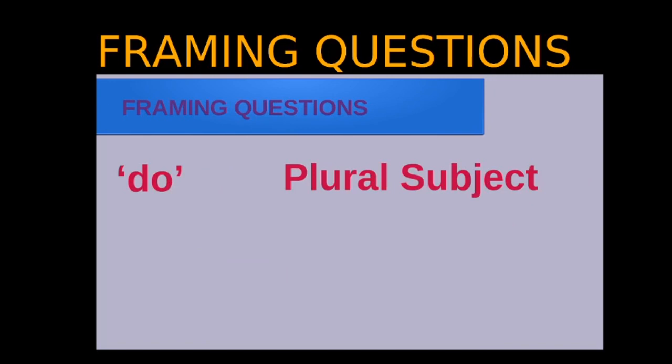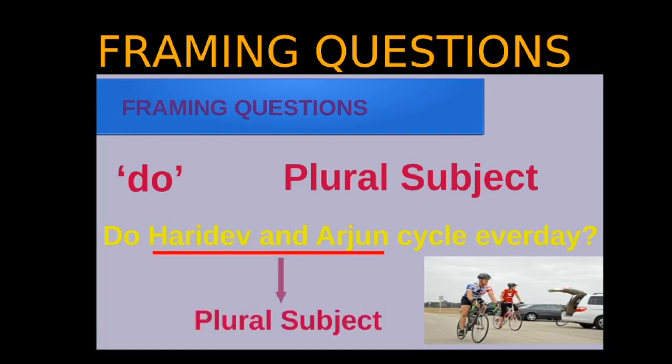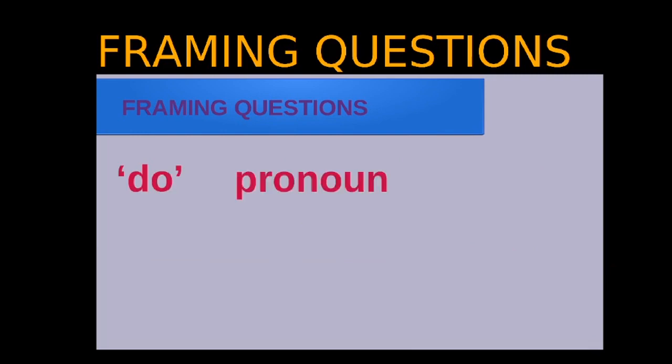Do is used with plural subjects. Do Haridev and Arjun cycle every day? So here Haridev and Arjun are two people, more than one, so it is plural. Do is used with the pronoun you.